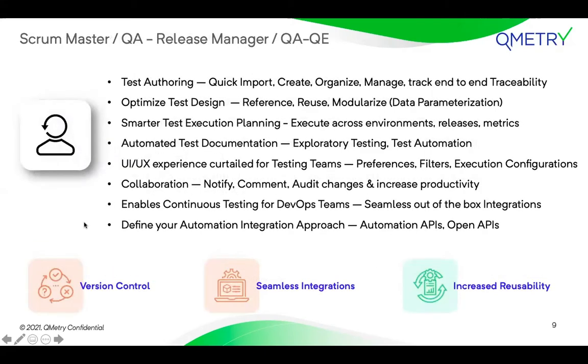Then we come to the heart of commencing, executing, and translating the overall testing activities. So when we start with a Scrum Master or a QA Release Manager, the scope or the definition of your testing activity becomes very vital, and that's where you would also want to focus on optimized test design.